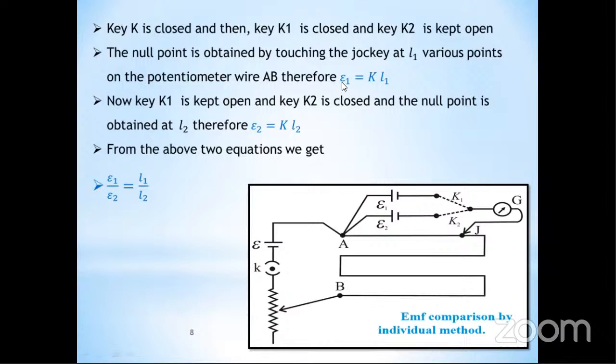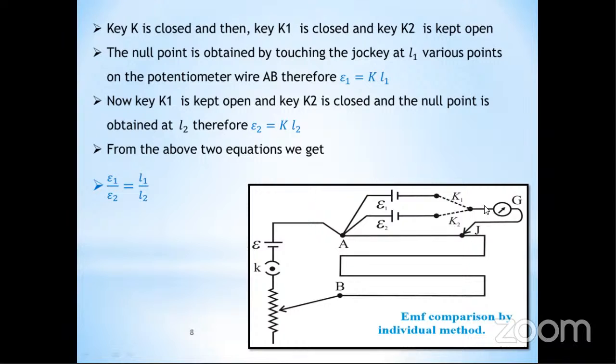As per the principle of the potentiometer, E1 is equal to K L1. That is the proportionality. Now we are taking the next EMF cell, that is E2, in the circuit, so K1 is open and K2 is closed.